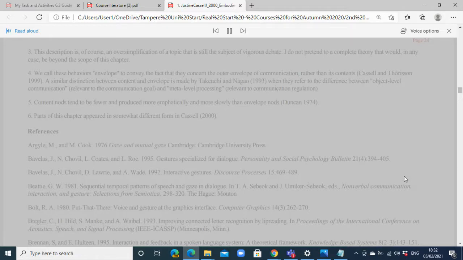Ekman, P. 1979. About Brows, Emotional and Conversational Signals. In M. von Cranach, K. Foppa, W. Lepenies, and D. Ploog, eds. Human Ethology, Claims and Limits of a New Discipline, 169-249. New York, Cambridge University Press. Ekman, P. and W. Friesen. 1969, The Repertoire of Nonverbal Behavioral Categories, Origins, Usage, and Coding.